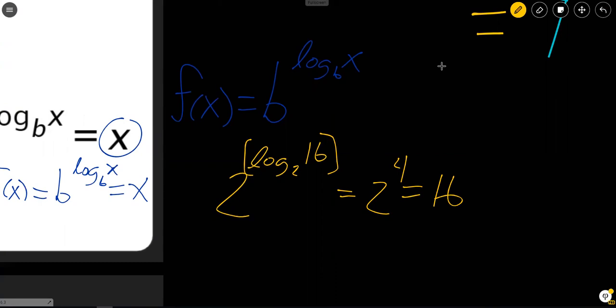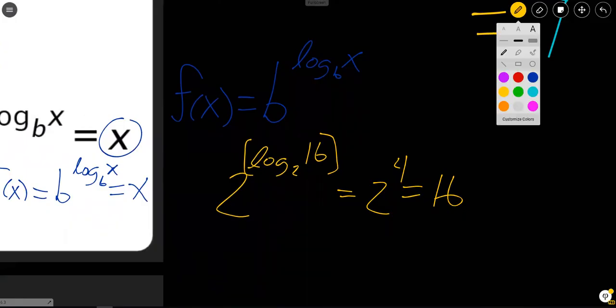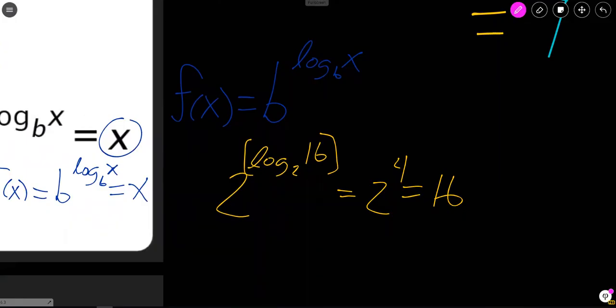And this will work for any power. We just need to know how to evaluate it. So if I have f of x equals b to the log base b of x, then what ends up happening is these things cancel and I just get x at the end.